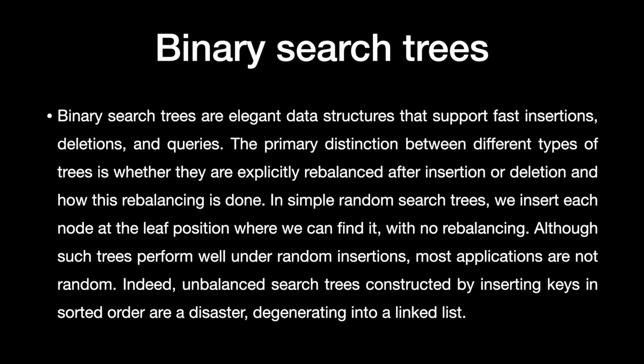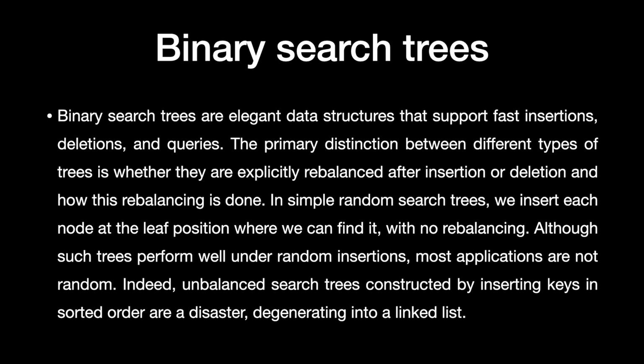Binary search trees. Binary search trees are elegant data structures that support fast insertions, deletions, and queries. The primary distinction between different types of trees is whether they are explicitly balanced after insertion or deletion, and how this balancing is done. In simple random search trees, we insert each node at the leaf position where we can find it with no rebalancing.